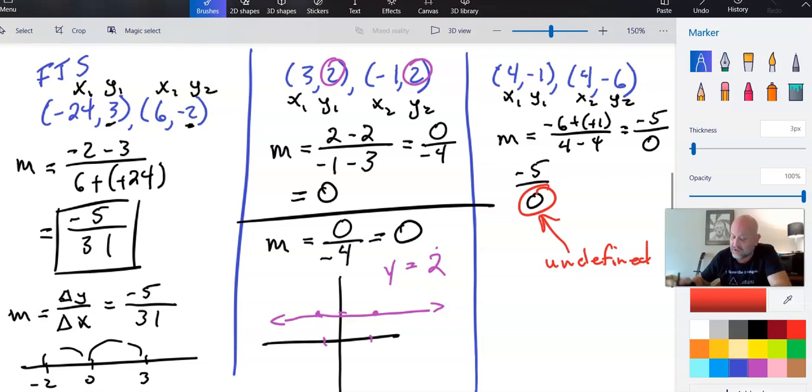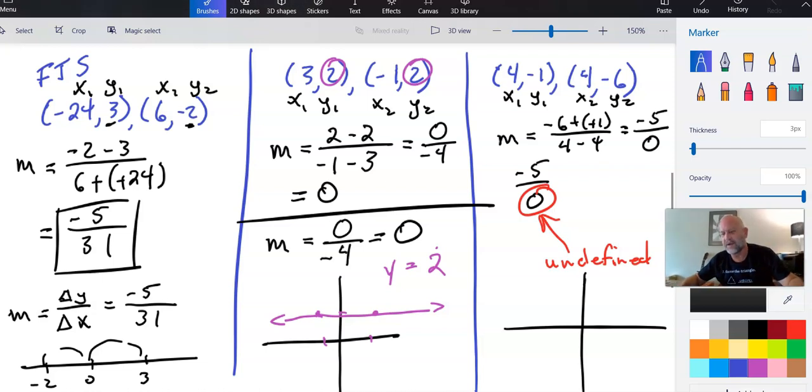So an undefined slope is kind of interesting, and I'm just going to make this connection here real quick like I did with the other one. It's kind of like saying it's an infinite slope. It's not exactly the same as that, but it really kind of is. If you think about the steepest possible line you can draw, it's a vertical line.